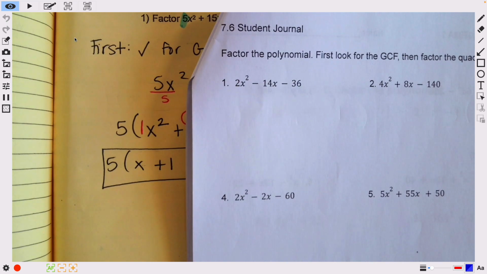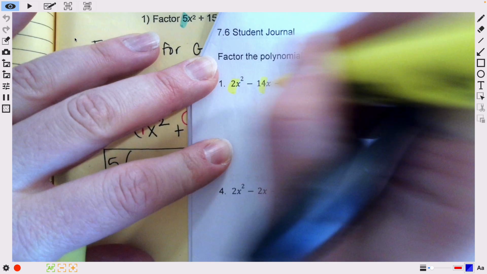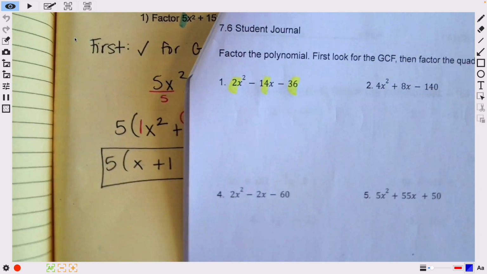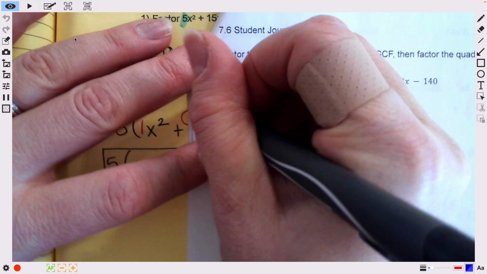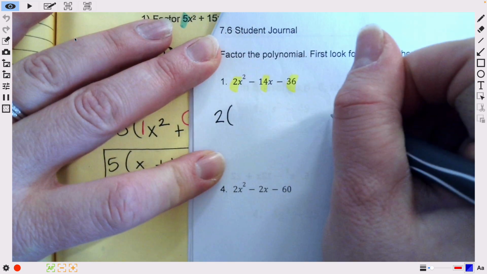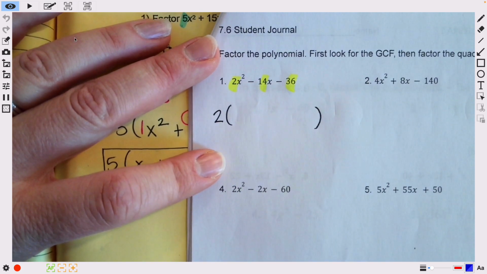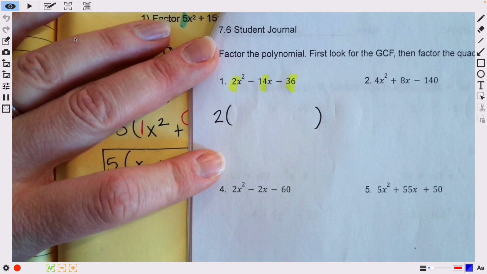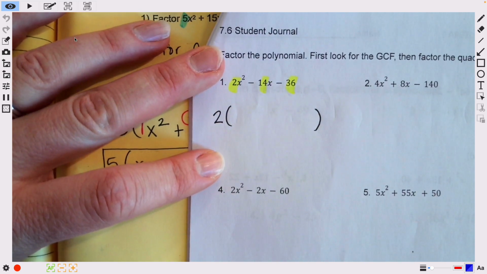Number 1, you have a 2, a 14, and a 36. What can all 3 of those numbers be divided by? 2. So we can take a 2 out right from the beginning. Now, you cannot just let it disappear off the page. It's still there. You're just bringing it to the front of your factors. So it's like its own little number out there.